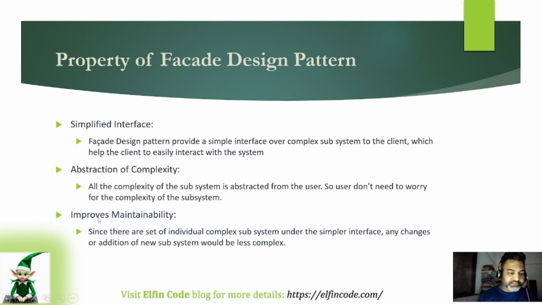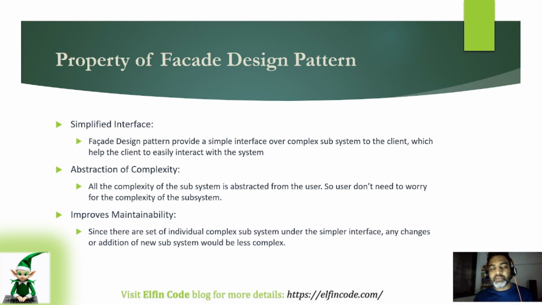Okay, the third property says improved maintainability. Now see, you have various complex subsystems. This complex system is divided into multiple subsystems, so it is easy to maintain. In case you want to add one more subsystem under the simplified interface, you can simply go and add it.